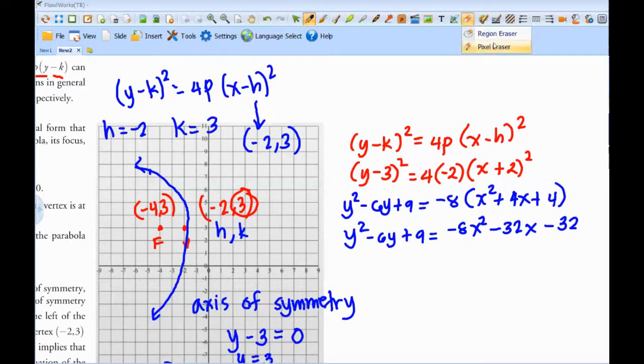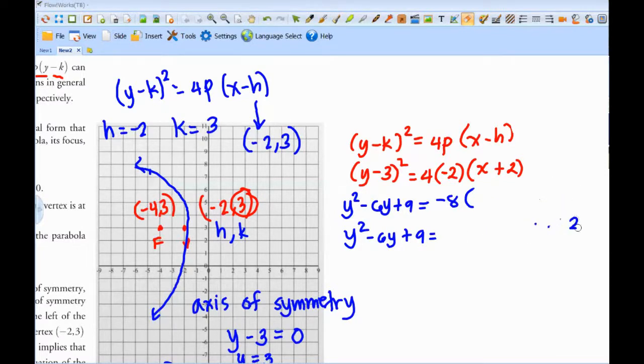I'll erase that because we are on the red. There is no squared. Okay? So this is negative 8 times x plus 2, and then we have negative 8x minus 16.